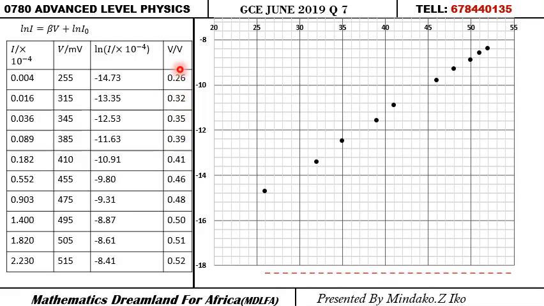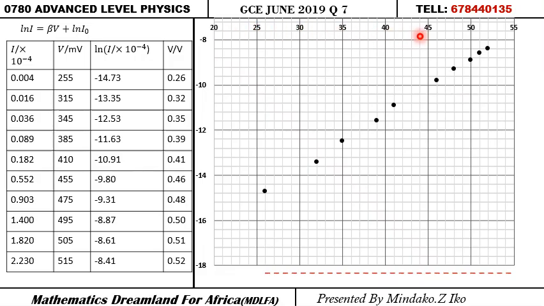So these values, I decided to leave in two decimal places for the purpose that if I round up all the values to one decimal place, you notice that the values will be repeating. So here I will have 0.3, 0.3, 0.4, 0.4. So what I'm going to do is multiply this term here times 10 to the minus 2, such that I'll be plotting my graph directly to two significant figures.